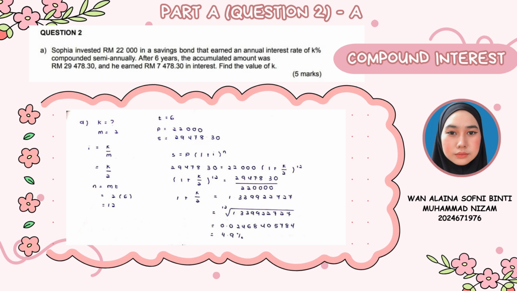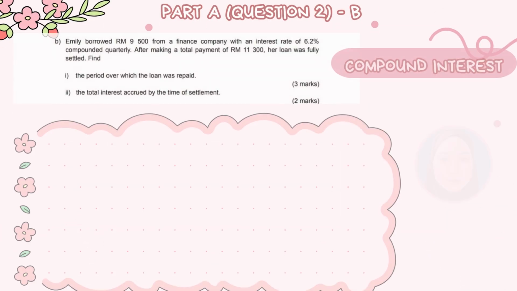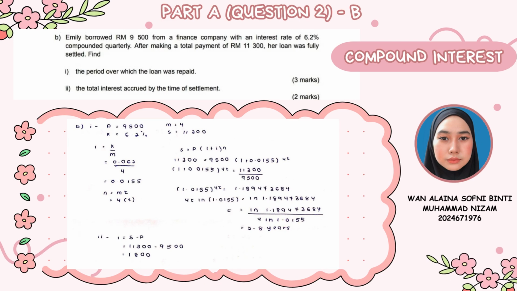After that, we need to rearrange it, which is bracket 1 plus K per 2 bracket 12 equals 29,478.30 per 22,000, and then you can solve it using a calculator and the answer is 4.9%.